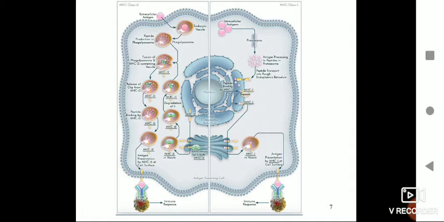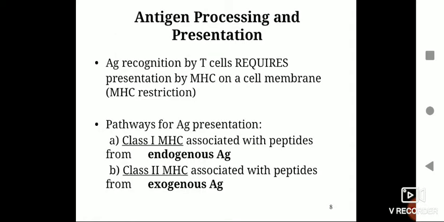One is by the MHC class 1 molecule, with presentation on the class 1 molecule to cytotoxic T cells, and the second is presentation through the class 2 molecule to T helper cells. This diagram you need not remember, because I have given another diagram at the end which will give you the complete picture. So let us see the antigen processing and presentation process in detail.